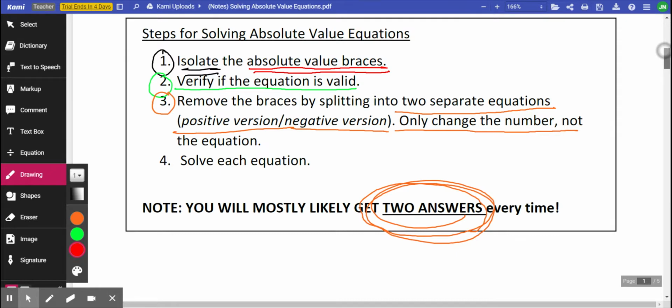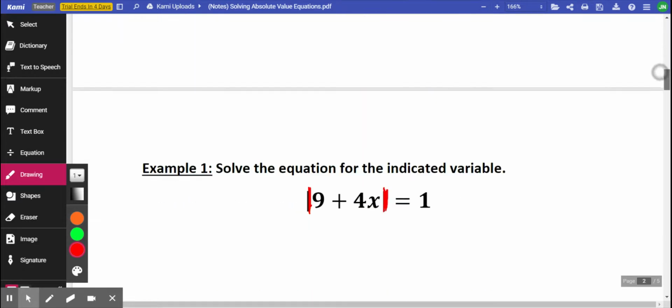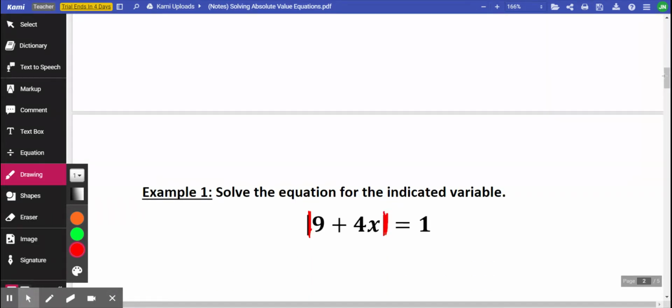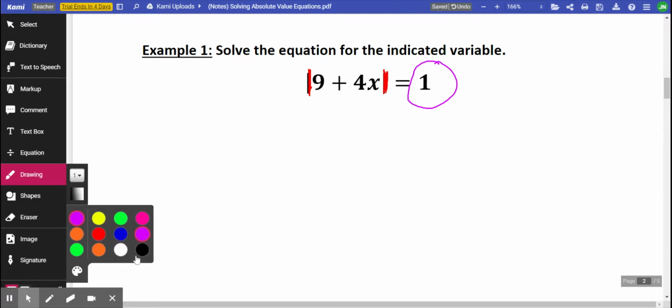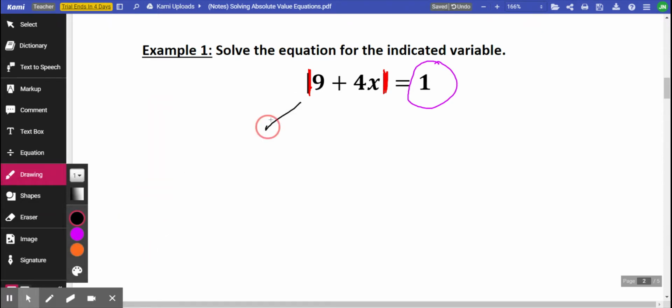Step 3 says remove the braces by splitting into 2 separate equations, positive and negative. Only change the number, not the equation. What that means is that now I can split it into 2 equations, positive version and negative version, but I'm only changing the number, not the stuff on the inside. So I'm going to rewrite this twice. First, 9 plus 4x, and I'm going to set it equal to positive 1.